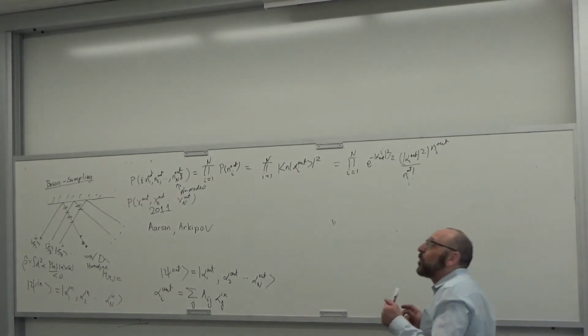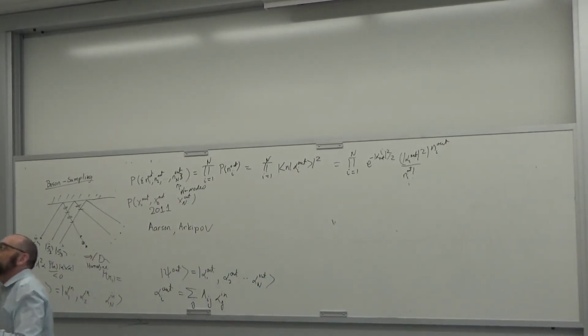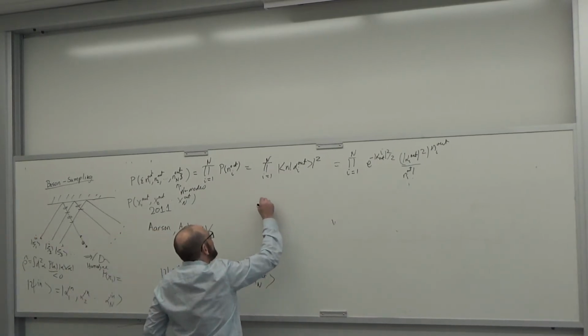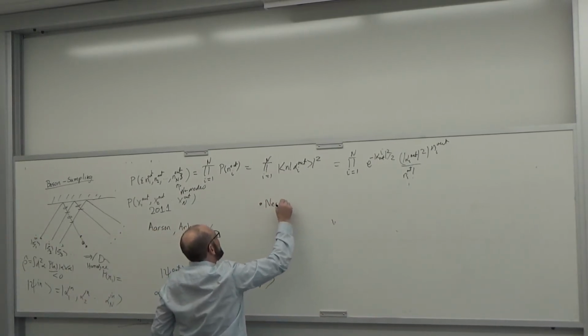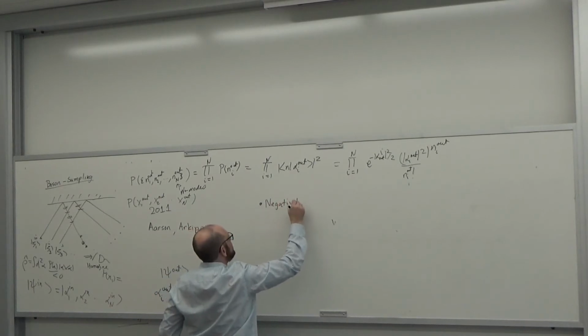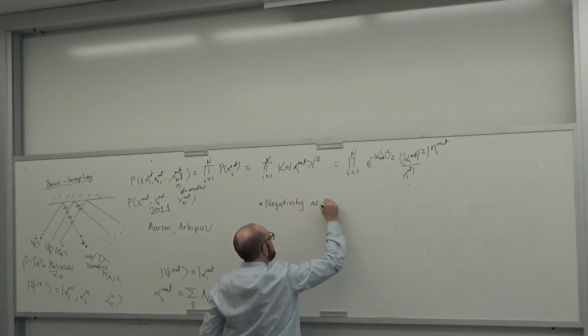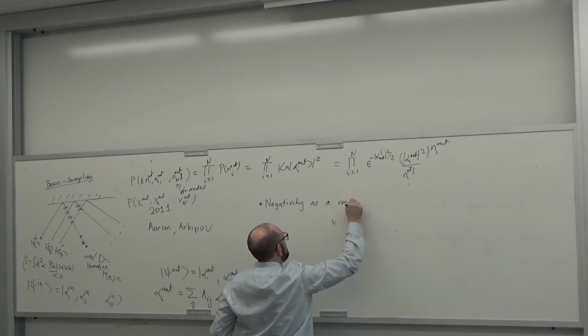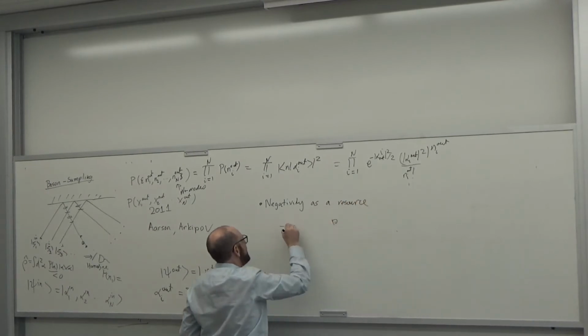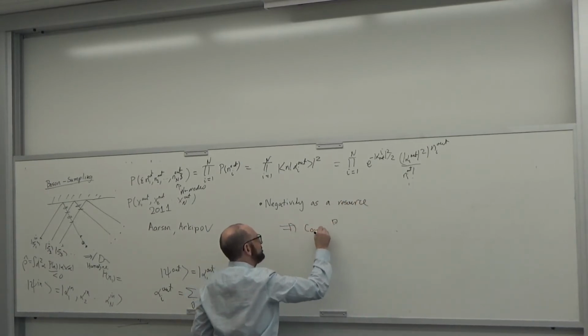So, there's two morals of the story here. One is negativity is a resource for complexity.